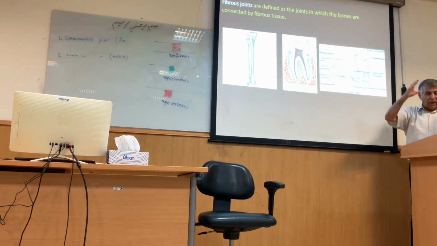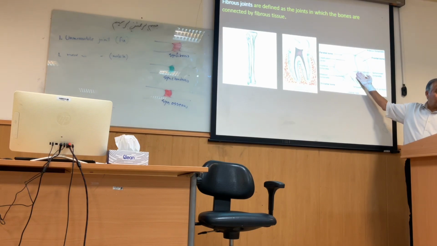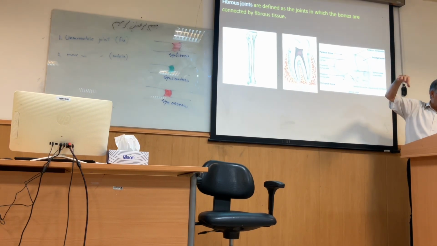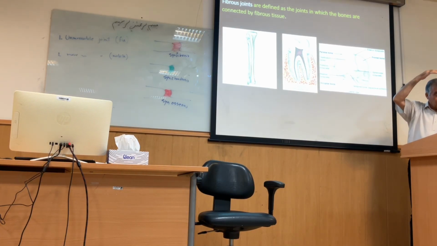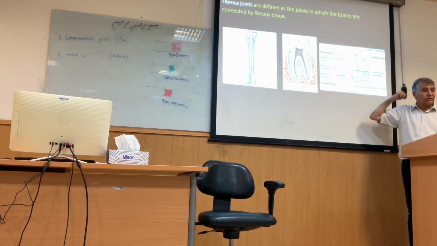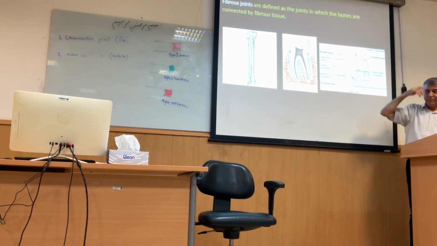After the enlargement is completed, the fibrous tissue changes to bone. The skull joints in all of us are osseous at present. When reversed, this one is the same as fibrous. Okay.